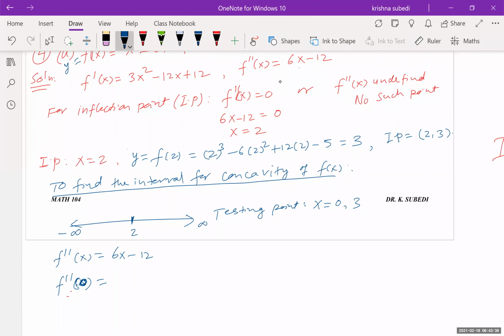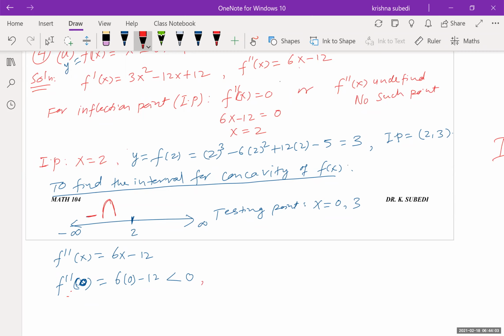If I put x equal to 0, that's going to be negative. So that means this side is negative. The sign is negative. What does that mean is when the second derivative is negative, we know that it is concave down. Let me just make a sign for concave down like this.